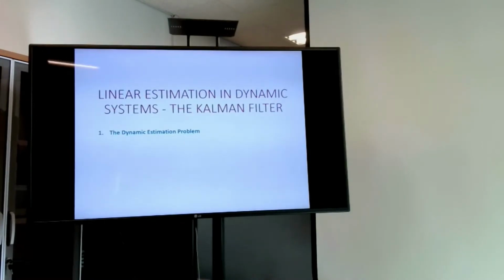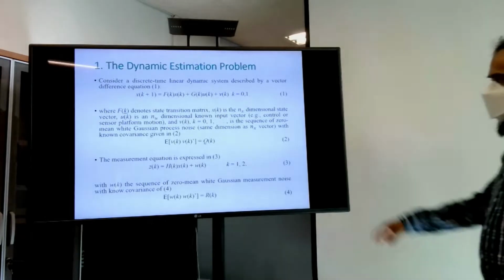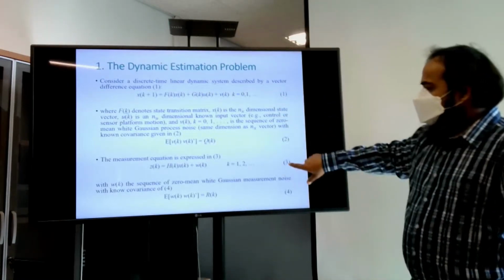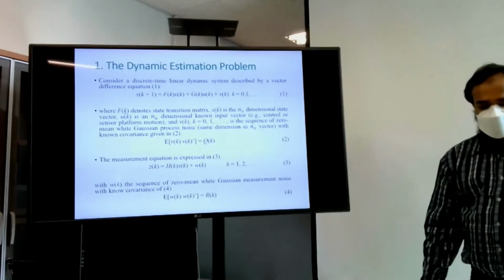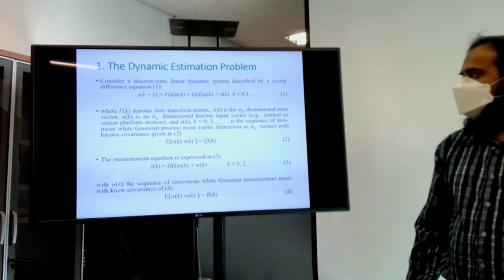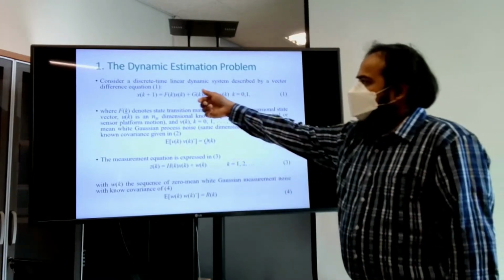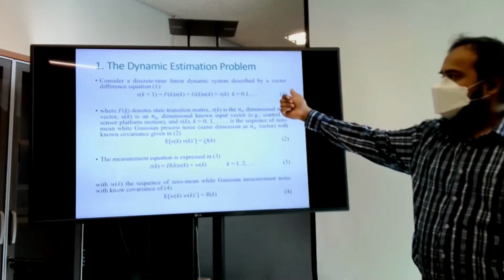So what is the dynamic estimation problem? These two equations are the model for any object tracking system. Consider the discrete time linear dynamic system described by a vector difference equation.